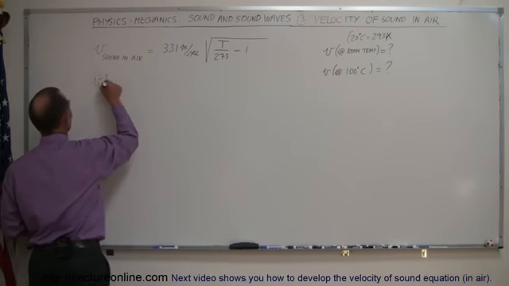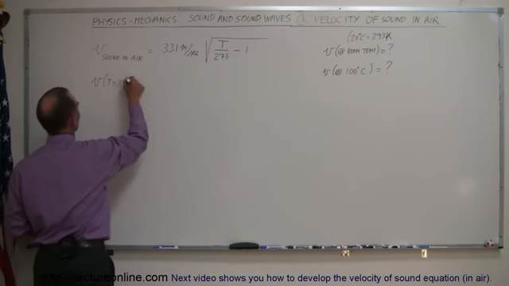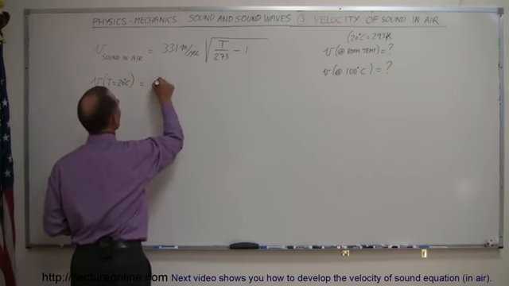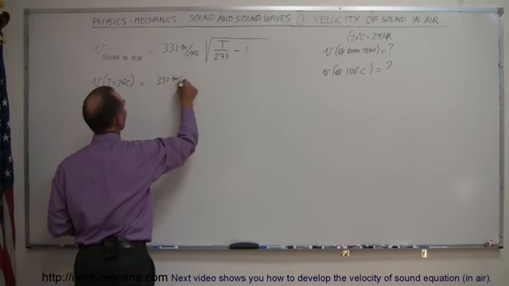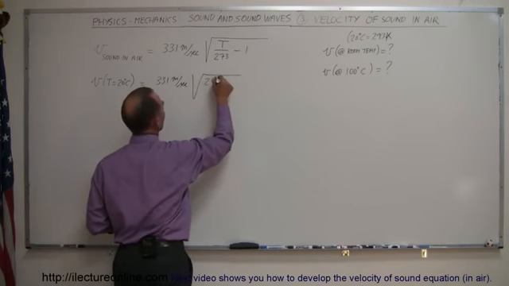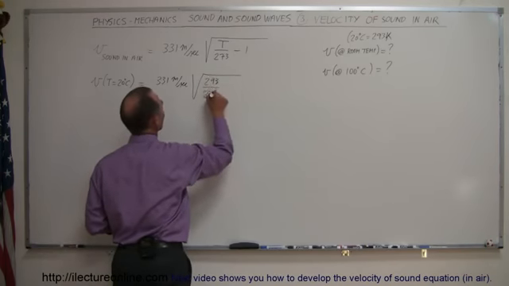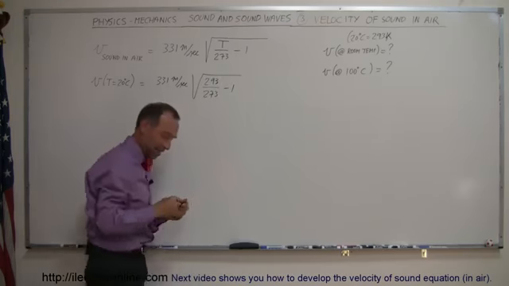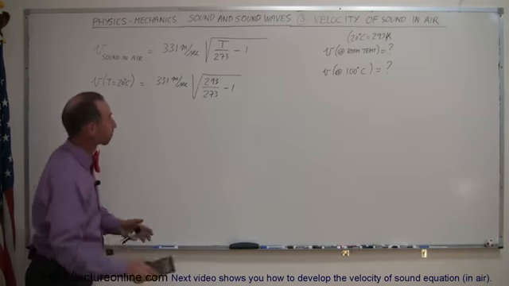So V, when the temperature is equal to 20 degrees centigrade, is equal to 331 meters per second times the square root of 293 divided by 273. Let's see what that is equal to.